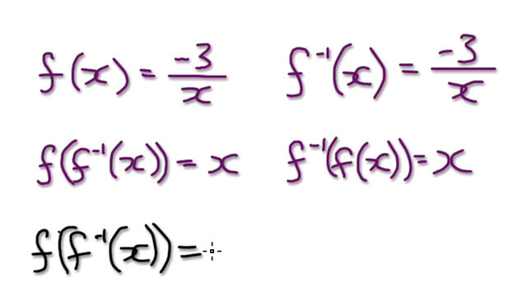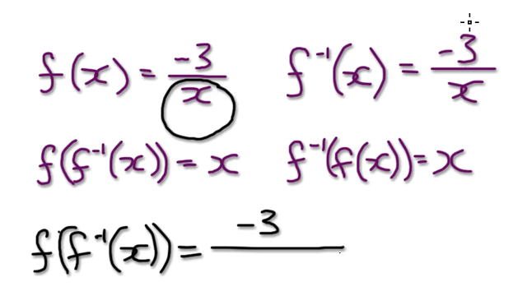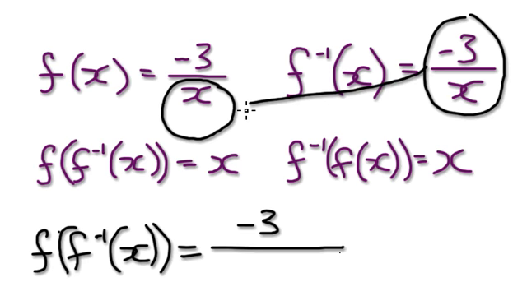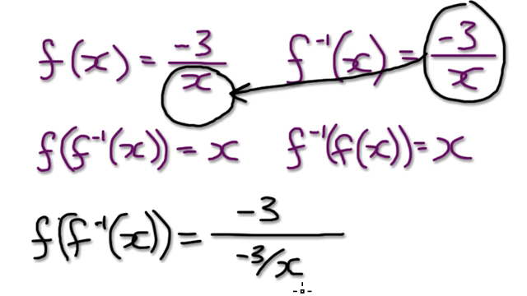So it would be minus 3 over, and remember, we are going to put this whole thing into the x here. So it would be negative 3 over x here, where this here is our x. So basically we've got minus 3 over x.